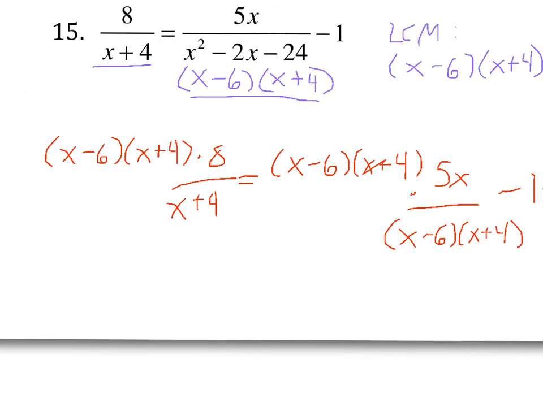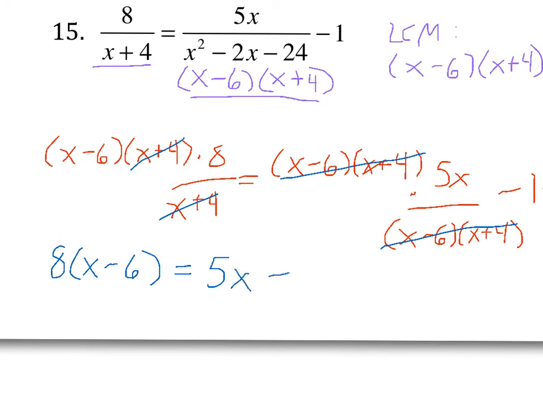Now we want to cancel and see what's left over. So the x plus 4's cancel, and we're left with 8 times x minus 6. Here, the x minus 6 and the x plus 4 both cancel, so we're just left with 5x. And then we have minus x minus 6 times x plus 4 because it's just times 1.